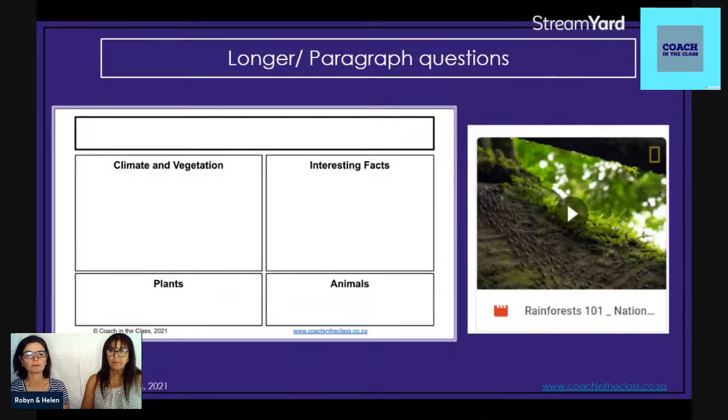Lovely. So this is a longer question where they actually did a whole class project where they got quite a lot of information as a source on the South African habitats, where they were able to pull out the information for this. But now, once again, we're going to show you a movie on rainforests, because we didn't do rainforests because it's not a South African habitat.